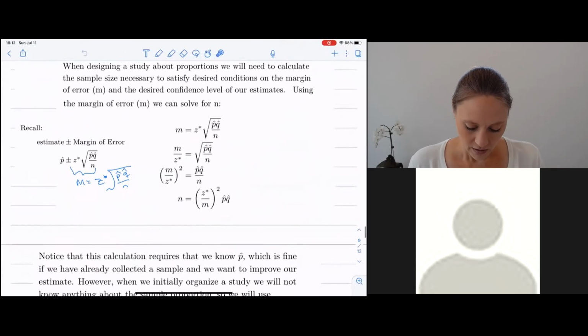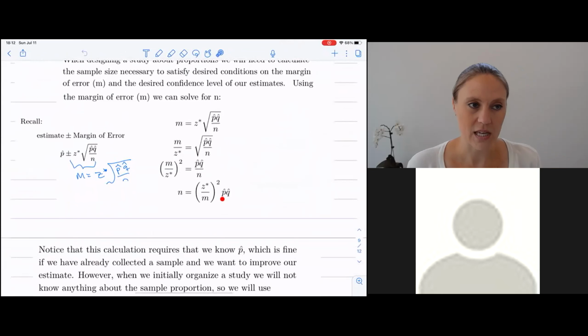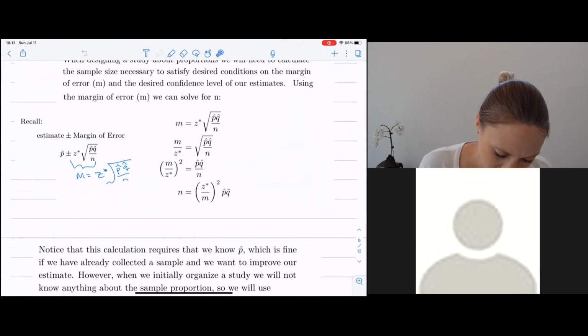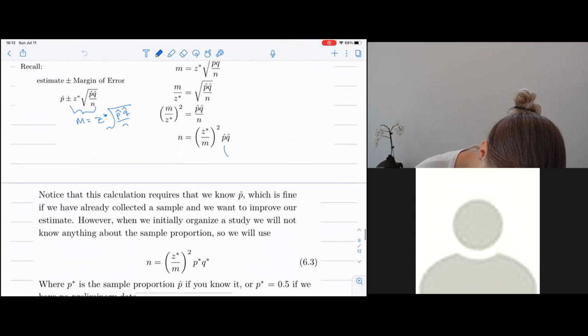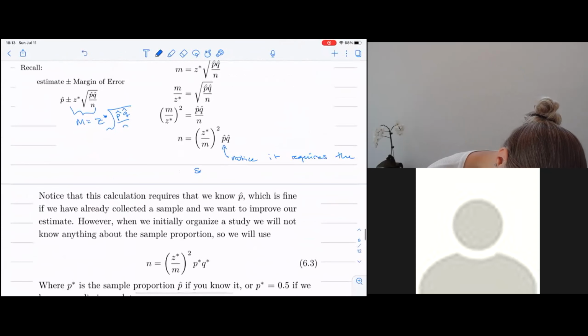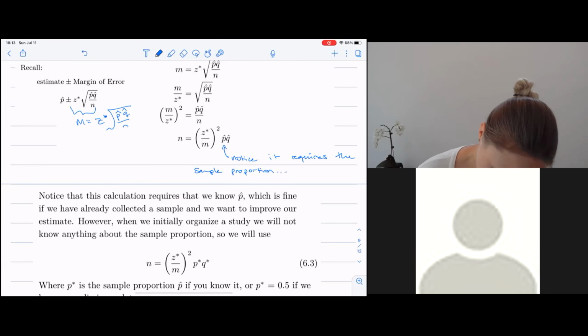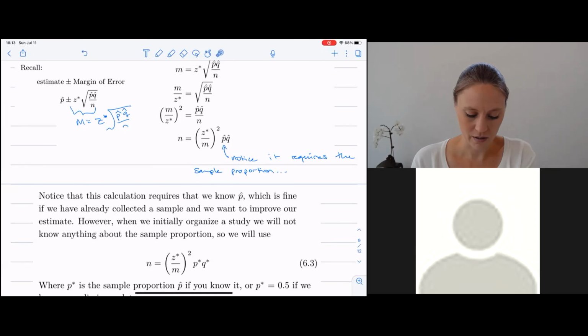Okay. One thing to notice is that we've got P hat Q hat, so notice it requires the sample proportion, which is P hat. That's an issue, right?